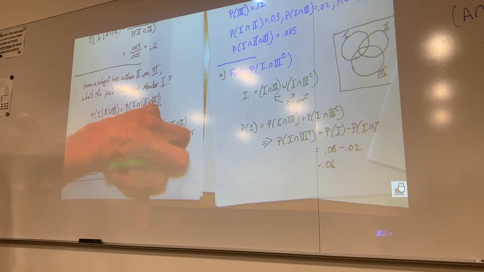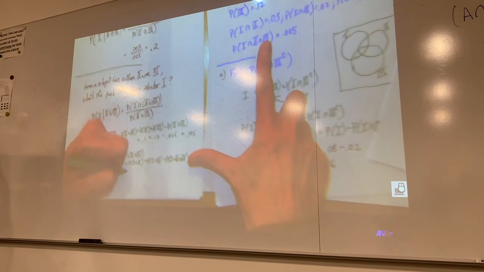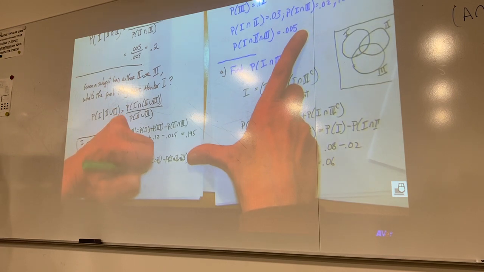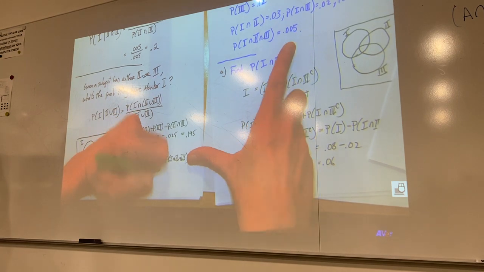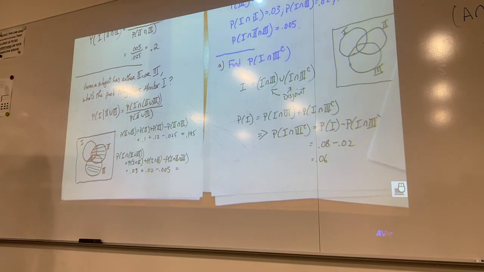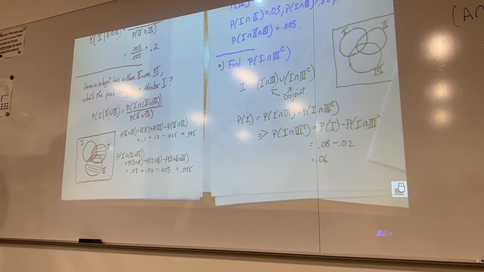Does that sound right to you? If we like that, that's 0.03 plus 0.02 minus 0.005, somewhere in the order of 0.045. Does that look right?